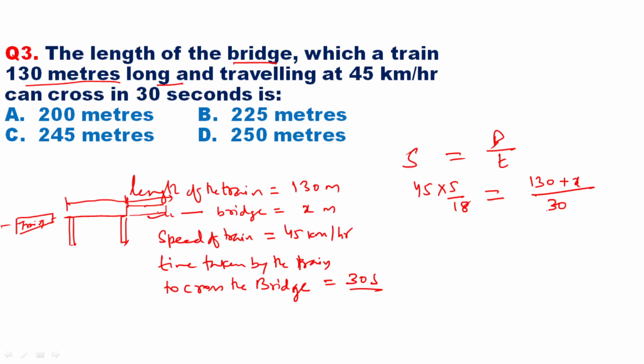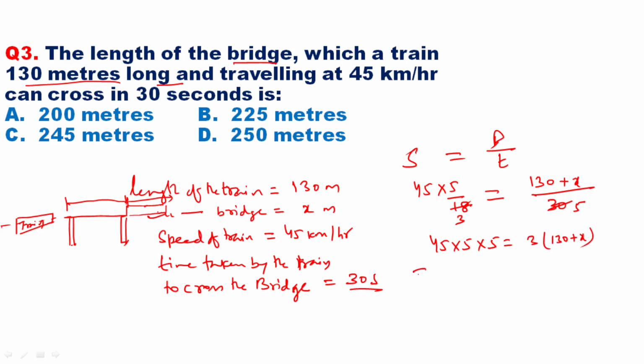And now we will go for cancelling of common terms. So we can say that here 30 we will be cancelling with 6. So 6 5s are 30 and 6 3s are 18. So now we will be going for 45 into 5 into 5, and this one will become 3 into 130 plus x.